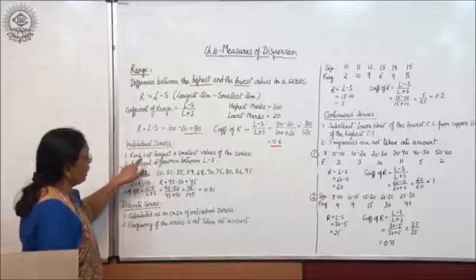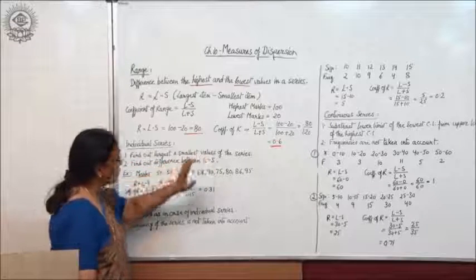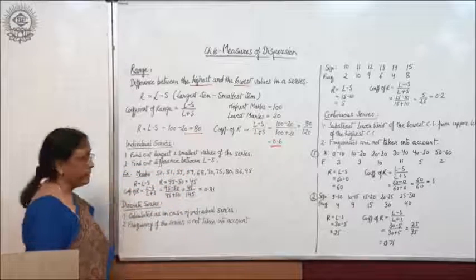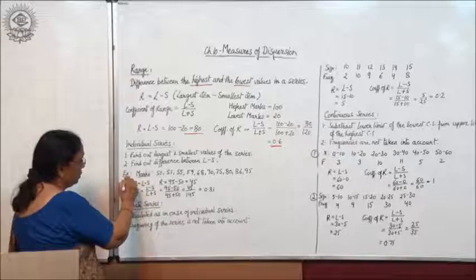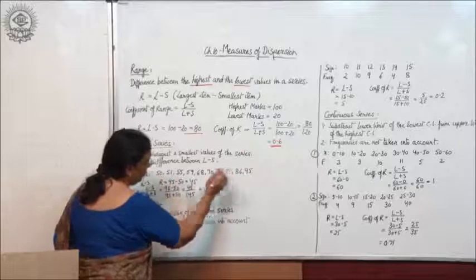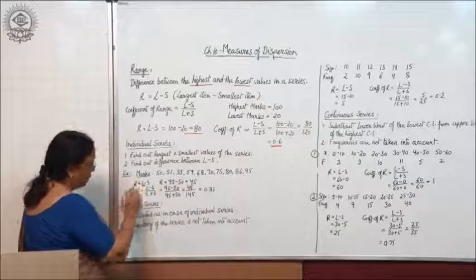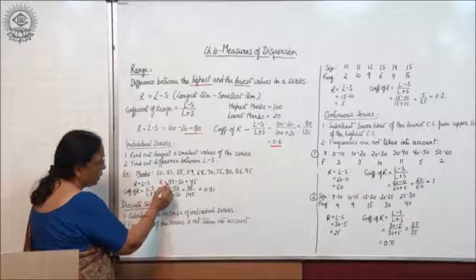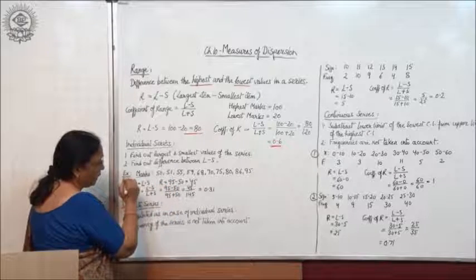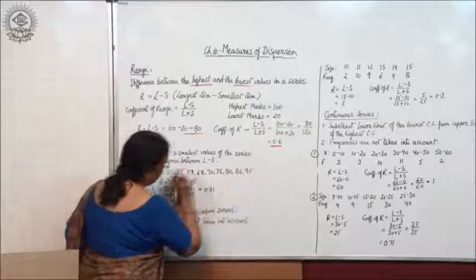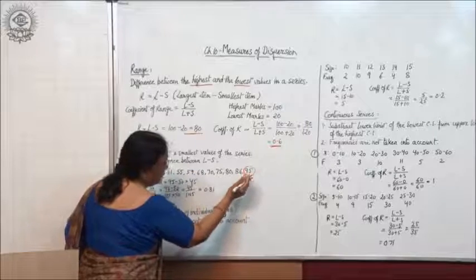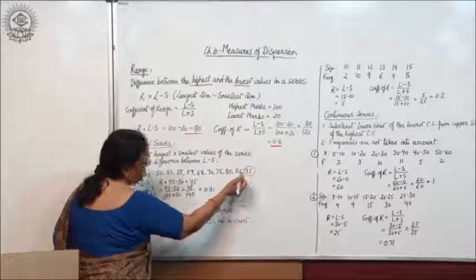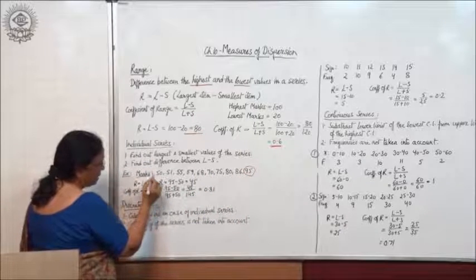Now, let us see how we do the calculation in different types of series. Individual series: find out the largest and smallest values of the series. Secondly, find out the difference, L minus S. Suppose marks are given in this form, these are the marks. R is L minus S, first write down the formula. What is L? L is the largest. See the series and find out the largest one, it may be in the center also. Here it is in ascending order. This is the L, and S means smallest.